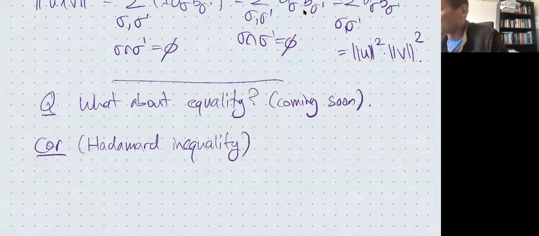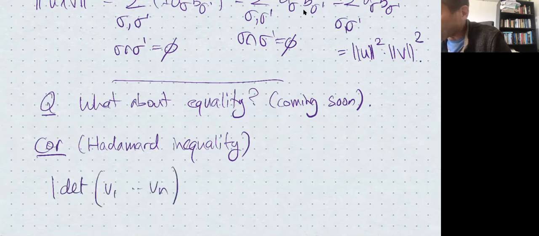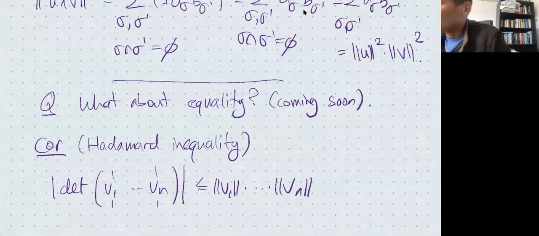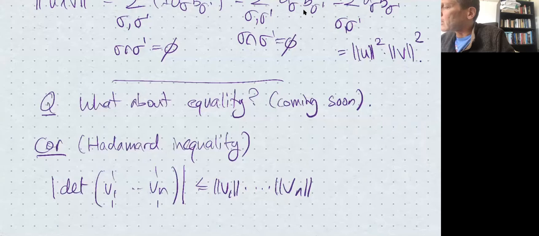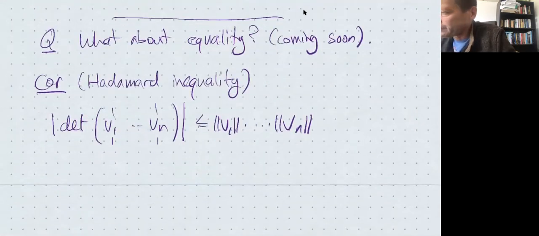Let's remind ourselves what it is, and then see how it follows from the formalism that we've already set up. So this is the Hadamard inequality. The determinant of a matrix is less than or equal to the product of the lengths of the columns of the matrix. So why is this true?